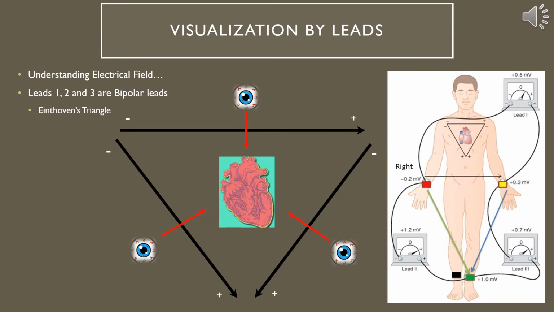Generally, we see a negative lead on a patient's right arm. They also have a positive lead on their left arm, and we find a positive lead on their left leg.